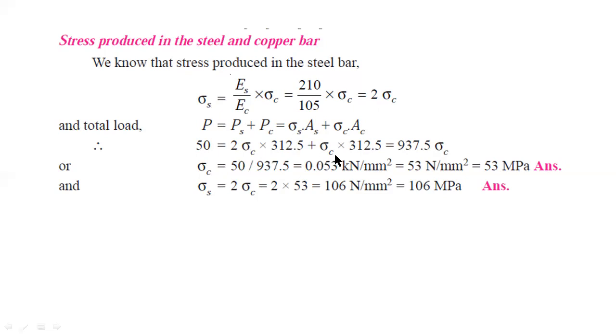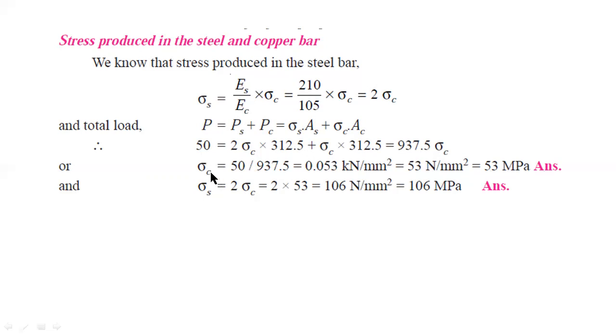So here sigma c is the only unknown in this equation, so you can get the value of sigma c by using this equation. The value of sigma c equals 0.053 kilonewton per mm square. So the answer is 53 newton per mm square, or 53 megapascal.